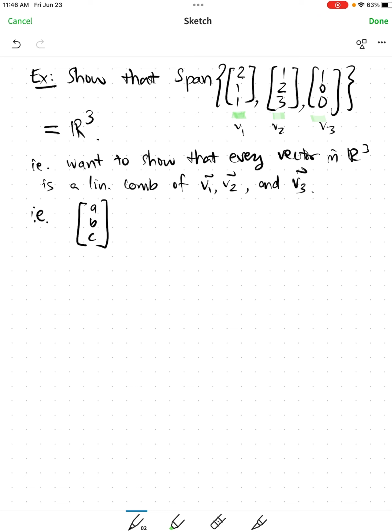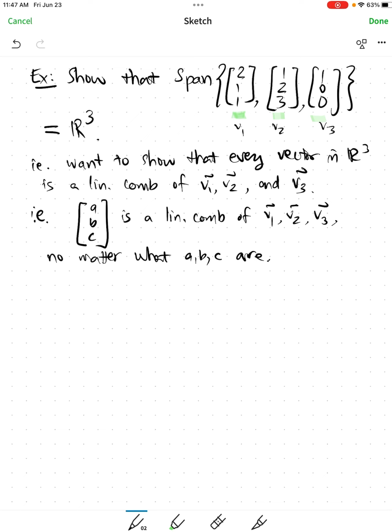We need to show that this is a linear combination of v1, v2, and v3 no matter what a, b, and c are.